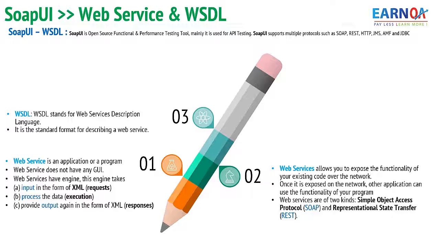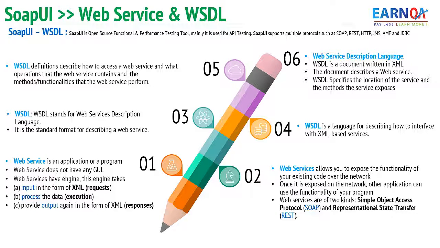The WSDL stands for Web Service Description Language. It is the standard format for describing any web service. Having said that, Web Service Description Language is a language for describing how to interact and how to interface with the services using XML based formats.